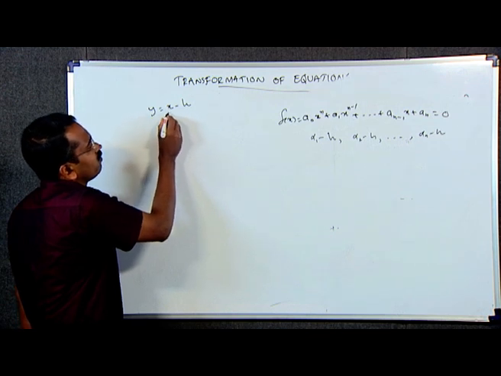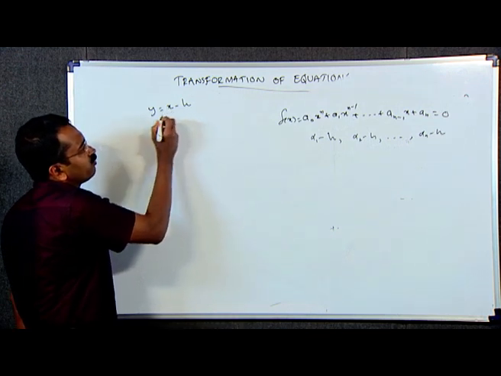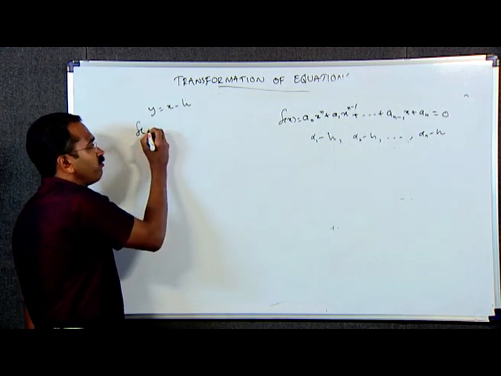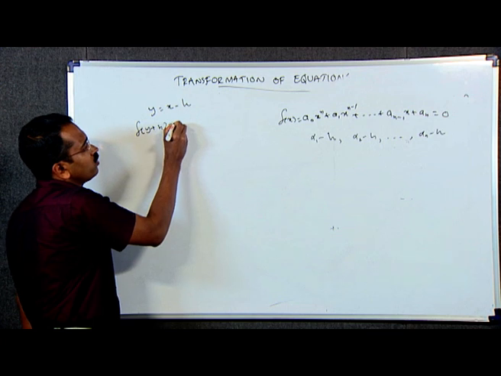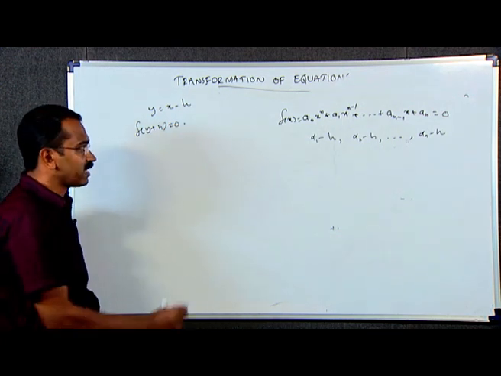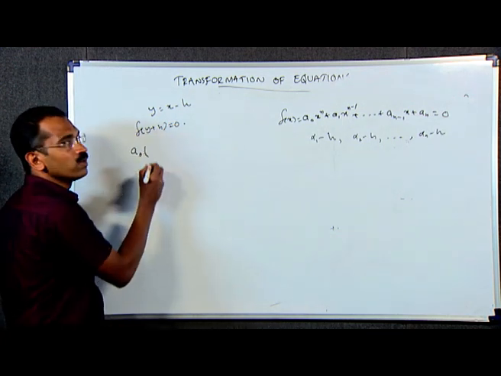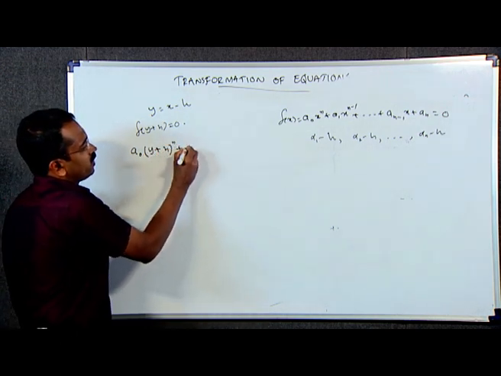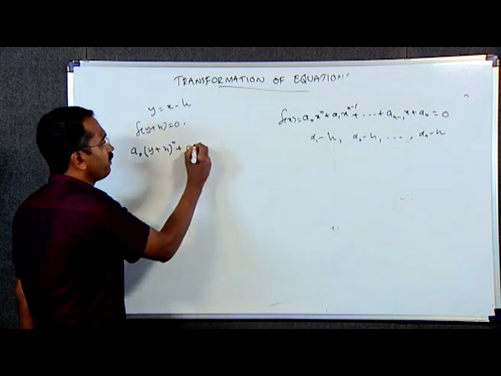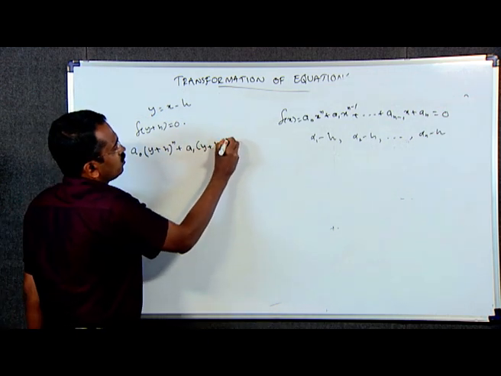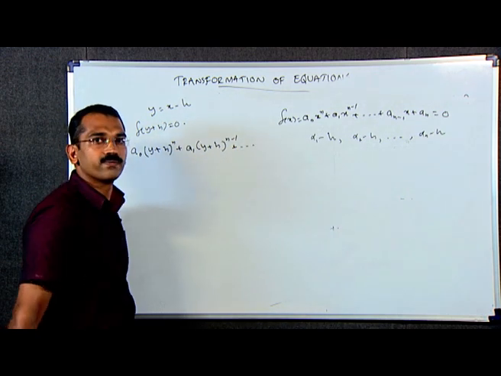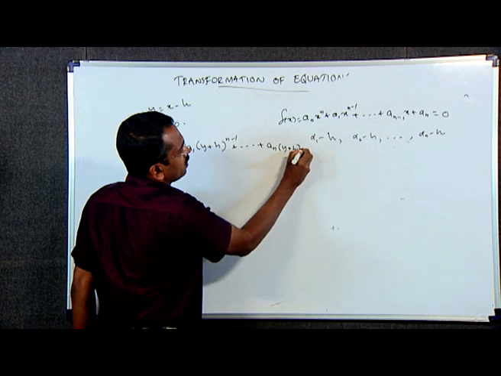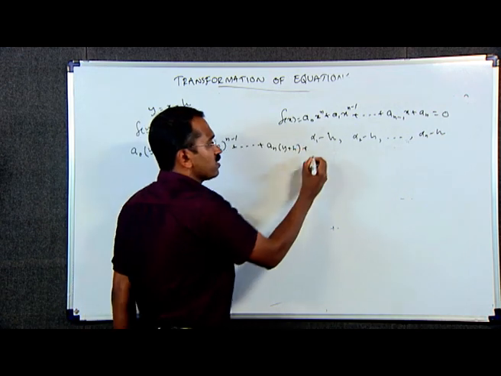From this, we can write x is equal to y plus h. Therefore, the transformed equation is of the form f of y plus h is equal to 0. That is a naught into y plus h all raised to n plus a 1 into y plus h raised to n minus 1 plus etc. plus a n minus 1 into y plus h plus a n is equal to 0.